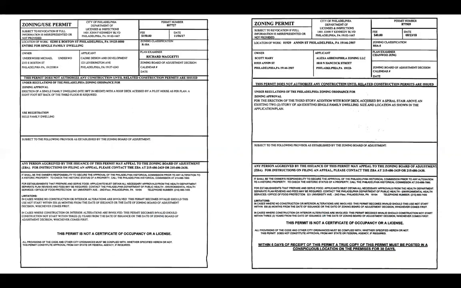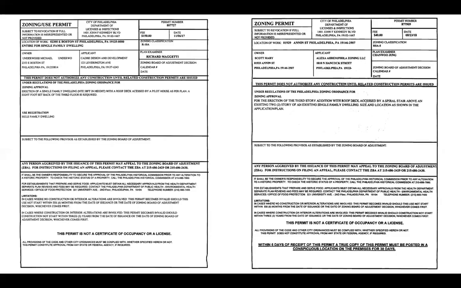So the use of it has to get registered, and the zoning for the construction has to also be simultaneously registered. That's why a zoning use permit is being issued here for both things. Then for this one, there's already an existing single-family structure. They're just adding a roof deck, so they just need a zoning permit because the use isn't changing.